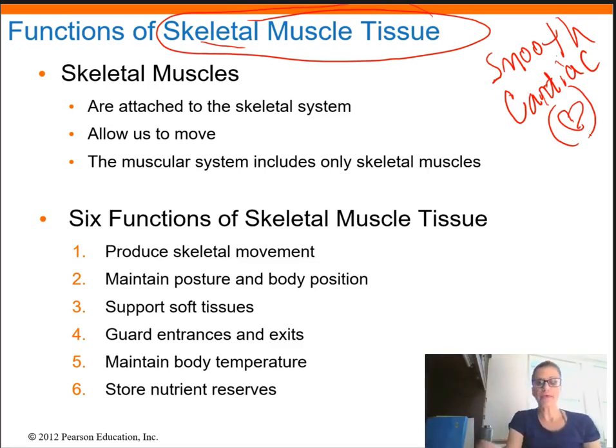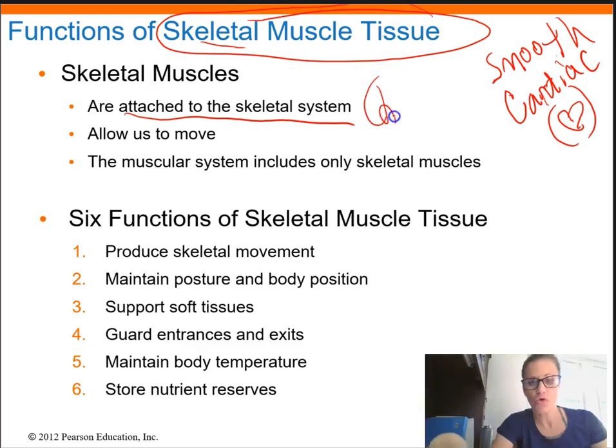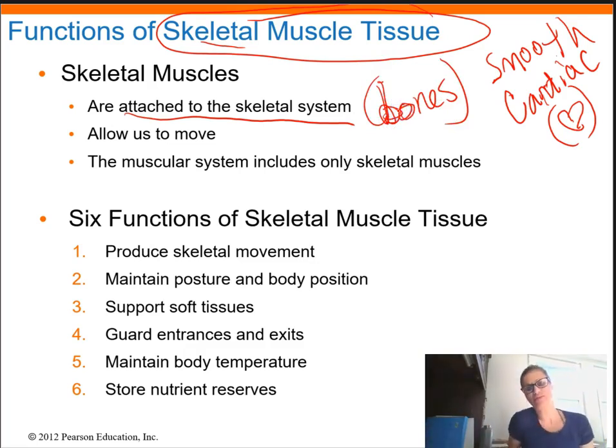Skeletal muscle is the muscle that is typically attached to the skeletal system or attached to the bones. Not always. There are some muscles that actually insert or attach to like the skin or attach to other muscles. But for the most part, the skeletal muscles attach to the bones or the skeletal system. That's why we call them skeletal muscles.